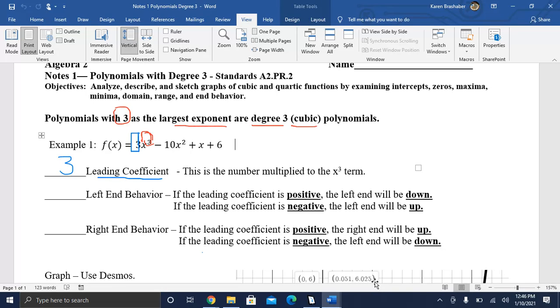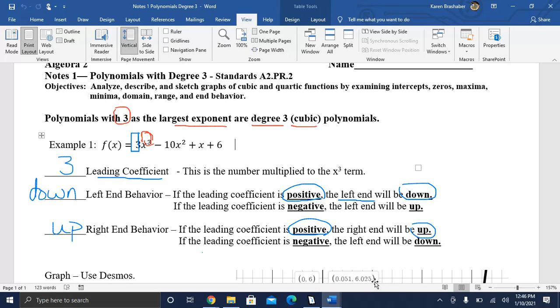Now, if that number is positive, as it is here, it's a positive 3, then we're going to notice that the left end of your graph will be pointed down, and the right end of your graph will be pointed up. So we would fill in down here and up here.